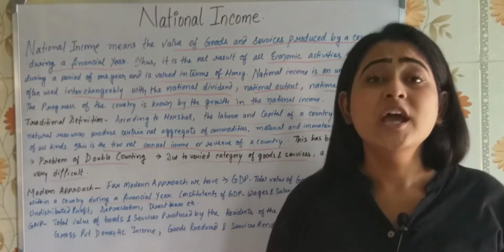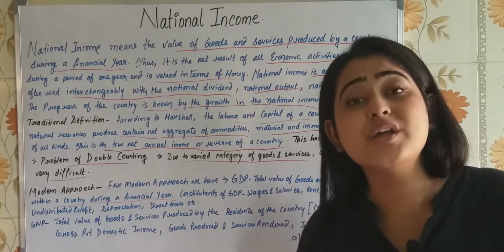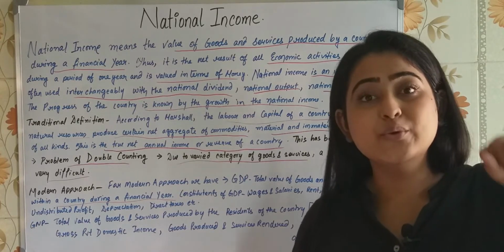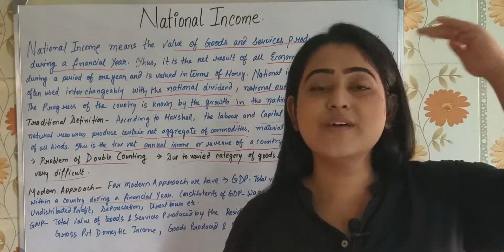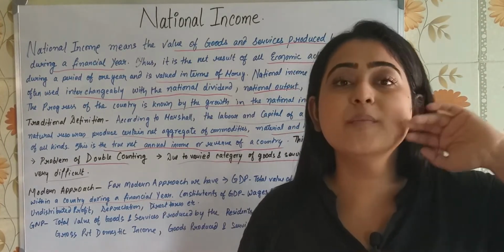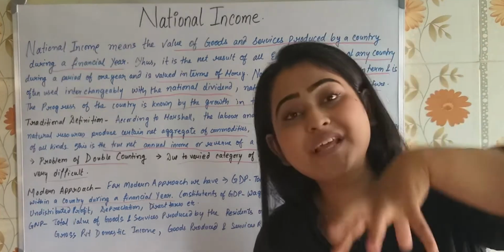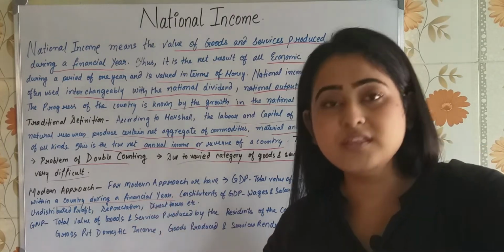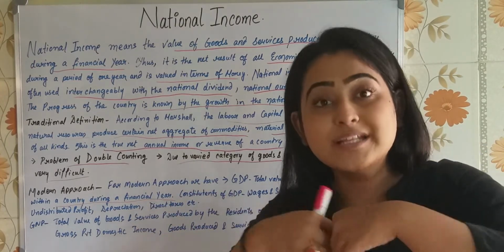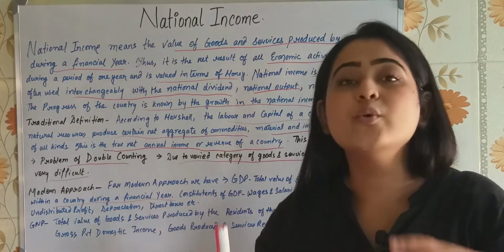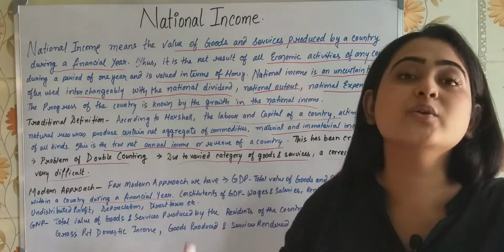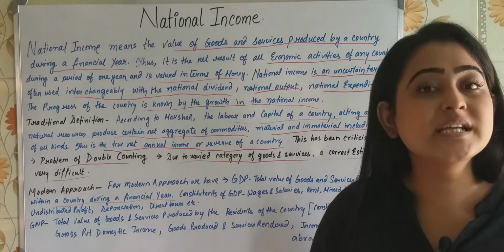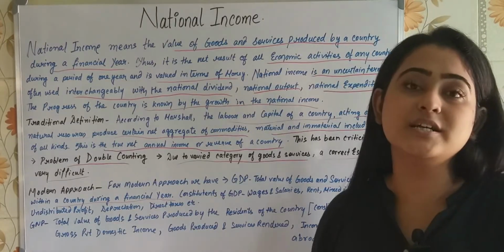For GDP, the importance is given to the domestic territory. If it's a foreigner, someone who is natively from America or anyone staying within India, producing goods and services, earning money, paying taxes, that is calculated to be within the domestic territory, and that is considered in GDP.